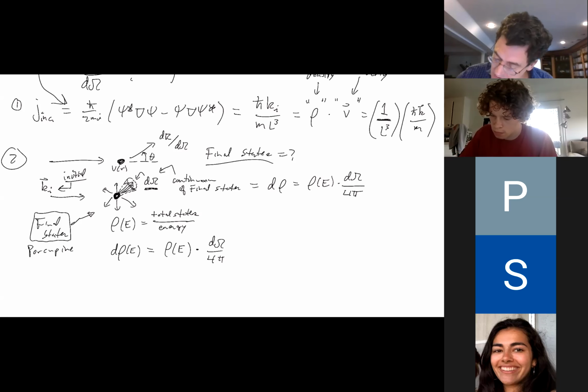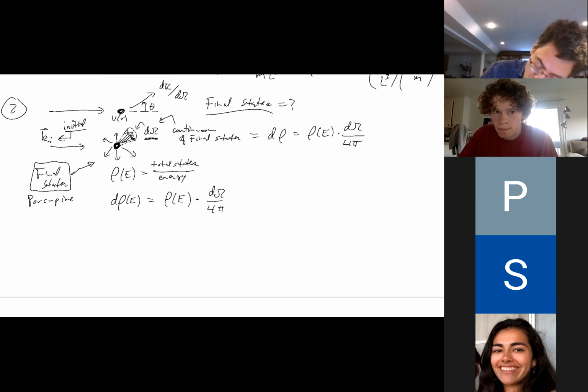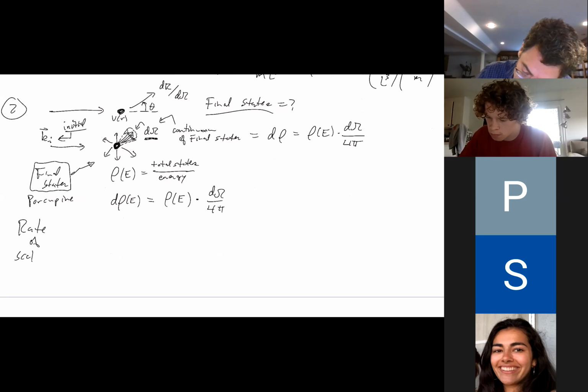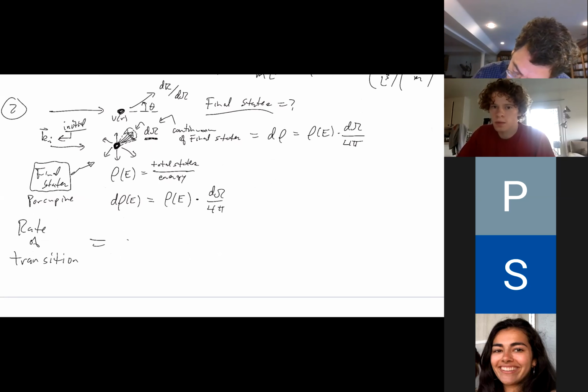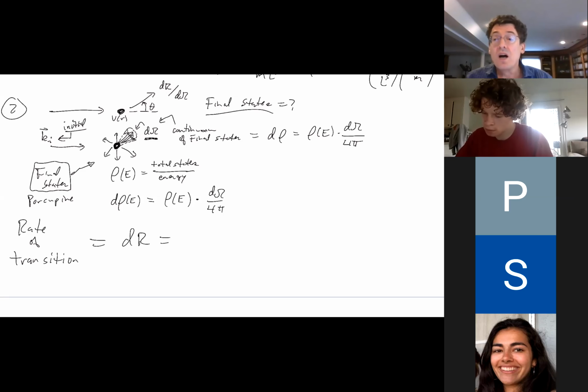And so now I want to ask you a question. What is the rate to scatter into that dense set of final states? I won't say rate of scattering, I'll say the rate of transitions, because this is a transition problem. I'll call it dr. What is it equal to?